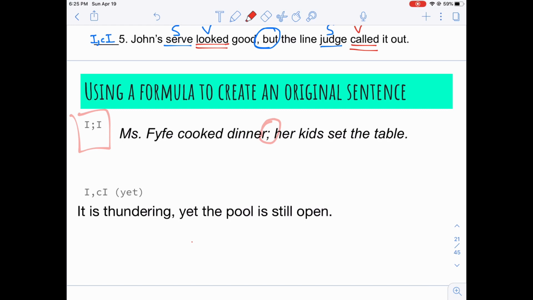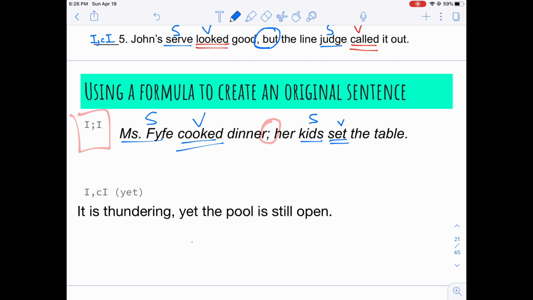In this case, cooked was my verb. Who or what cooked? Miss Fife cooked. And set was the verb. Who or what set? The kids. Okay, so it's an I semicolon I.